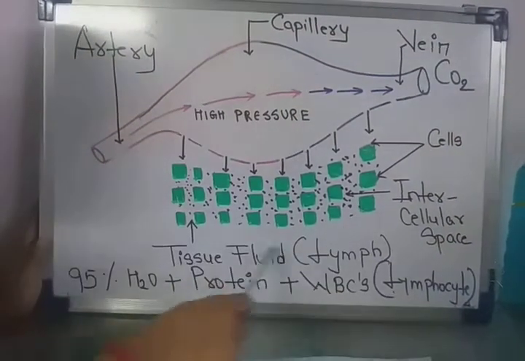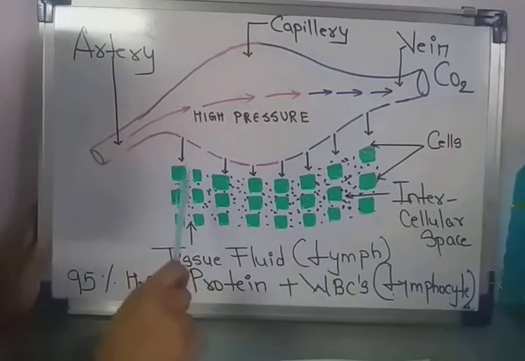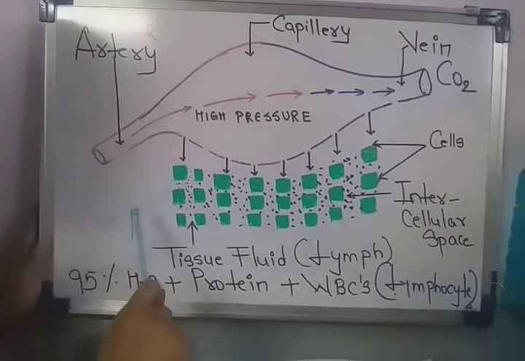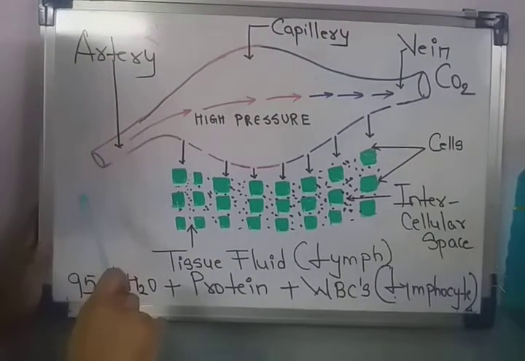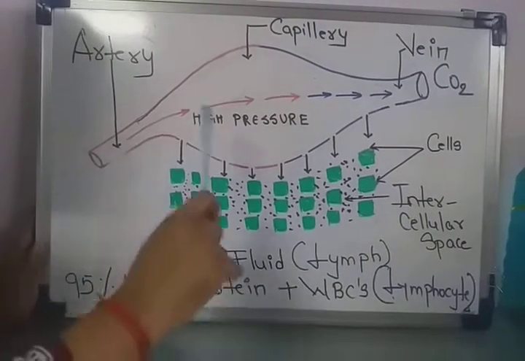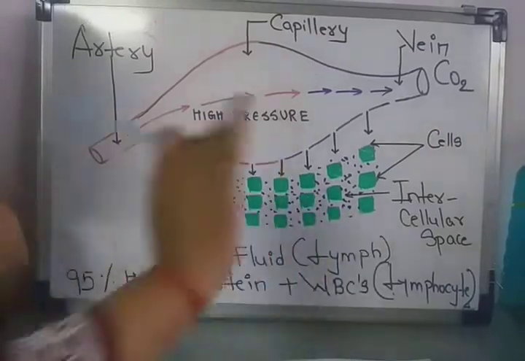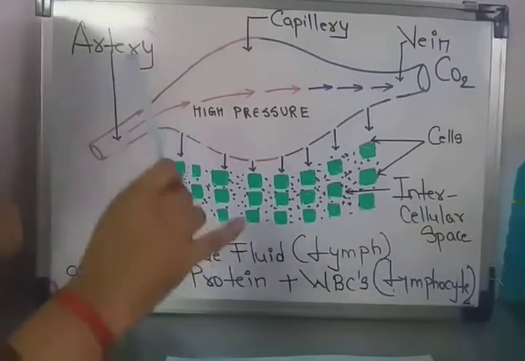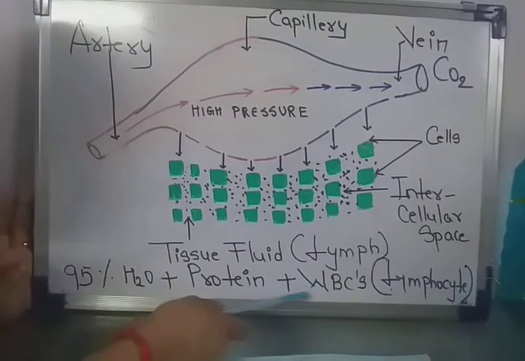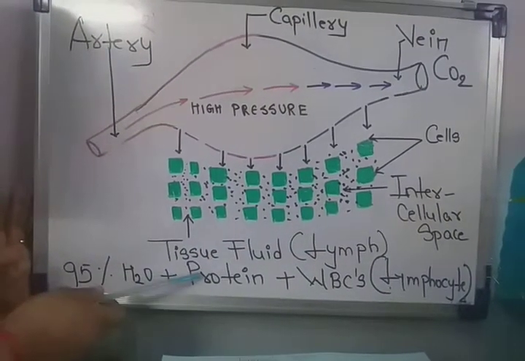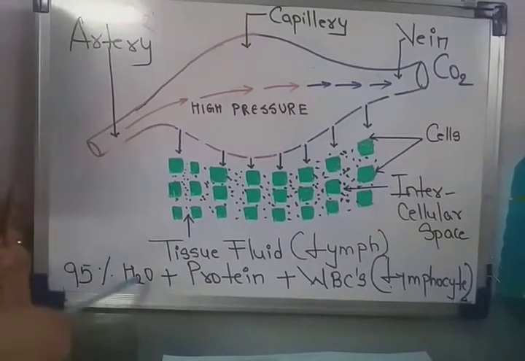So if the lymph gets collected in between the spaces, that is not good for the body and may harm it badly because of that fluid collection. So this fluid has to be removed. Removed where? This fluid has protein, this fluid has WBCs, and it has 95% of water.